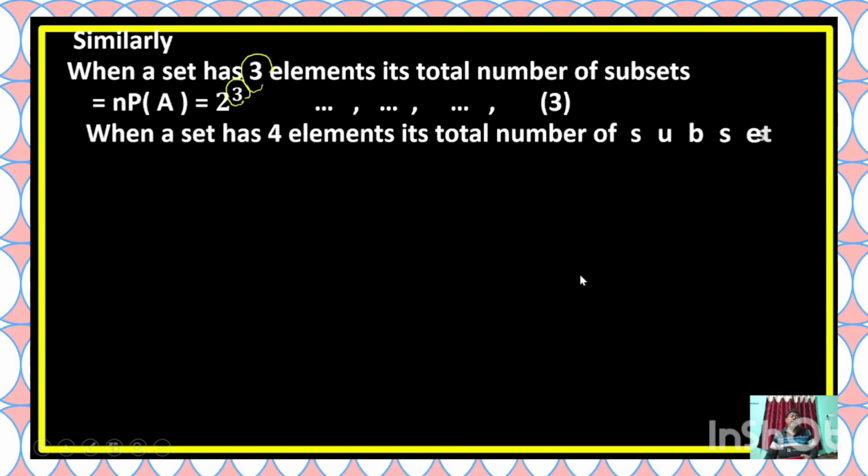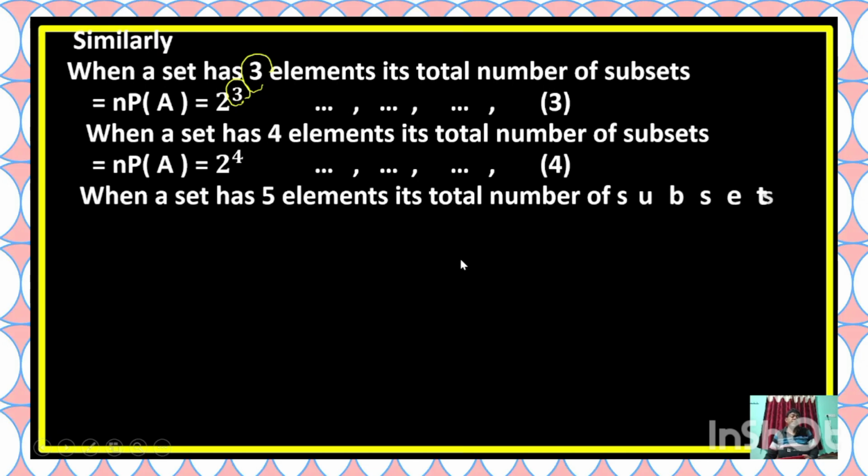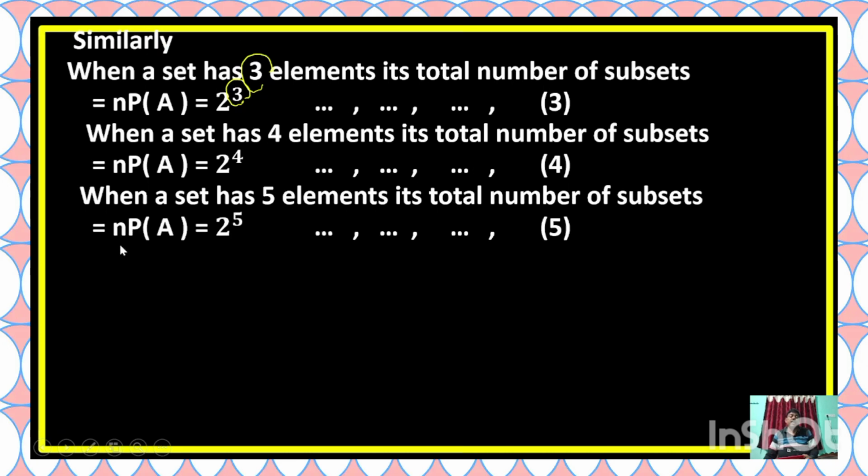Similarly, when a set has 4 elements, tell me, the total number of subsets, the cardinality of the power set, is 2 to the power 4. When a set has 5 elements, its total number of subsets, the cardinality of the power set of A, is 2 to the power 5.